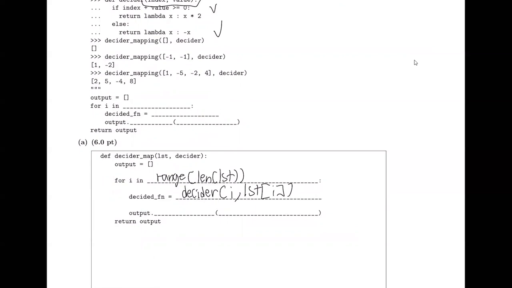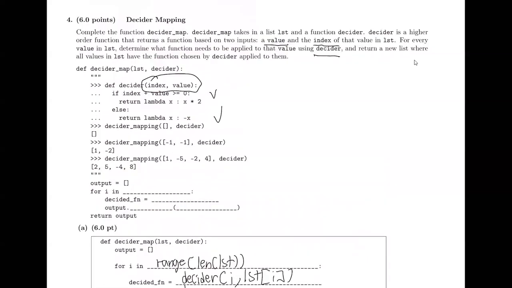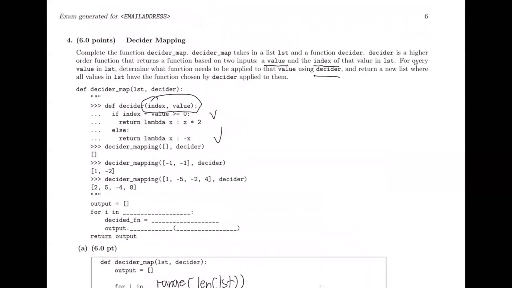And finally, we're going to want to add something to output, because right now output is an empty list and we're returning output at the end. So most likely we want to append a new value to output. What is this new value? If we look back up in the instructions, it says that we're going to return a new list where all values in LST have the function chosen by decider applied to them.